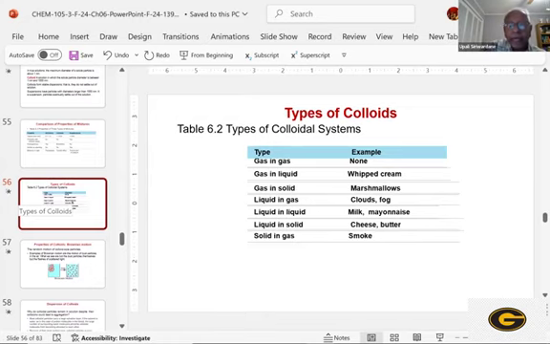Marshmallows are a gas in a solid. Fog is a liquid in a gas. Mayonnaise and milk are a liquid in a liquid. Butter is a liquid in a solid.